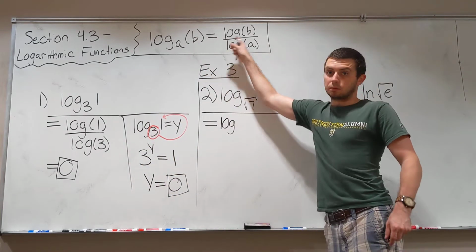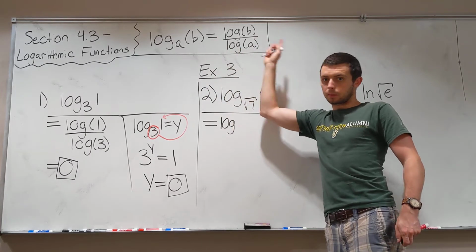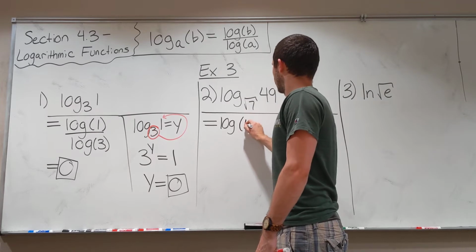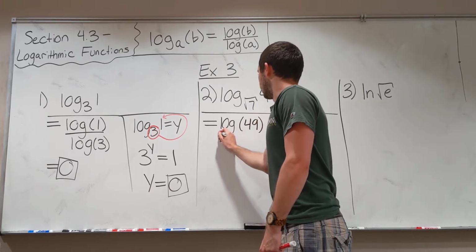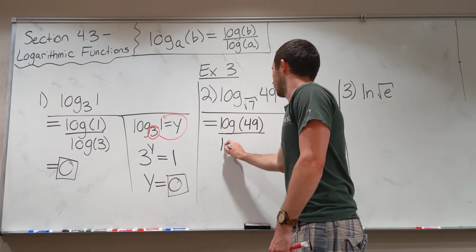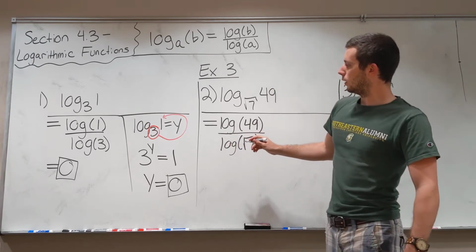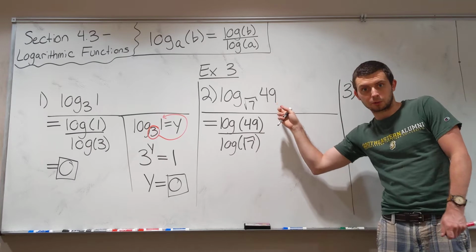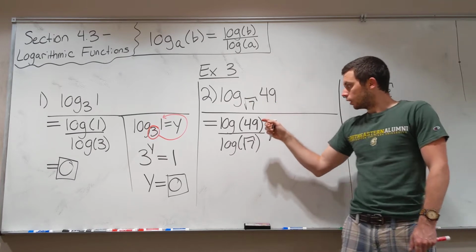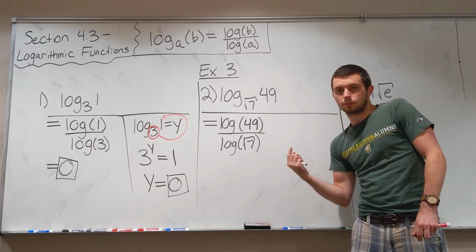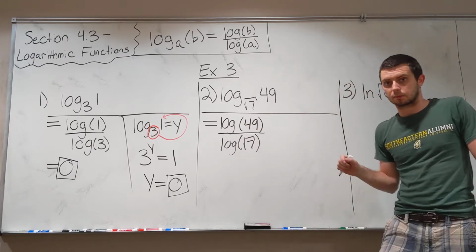The formula that I imposed up here says we evaluate log of 49 and divide that by log of the square root of 7. So it's log of the bigger number, the number straight across, divided by log of the square root of 7. This would be the calculator-friendly version.